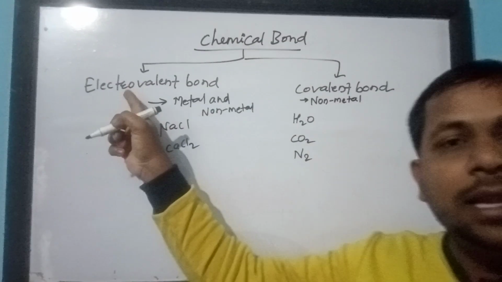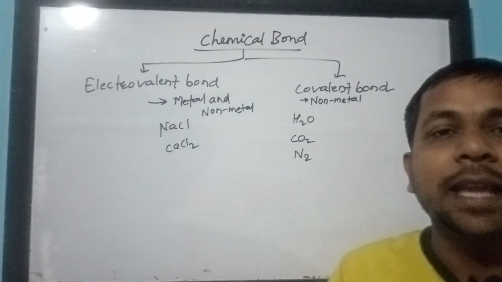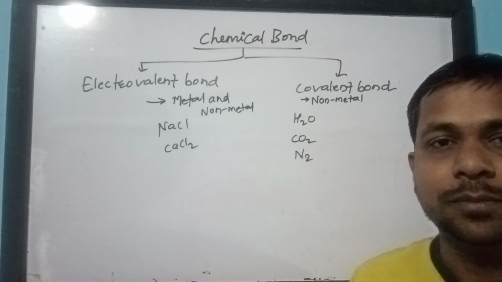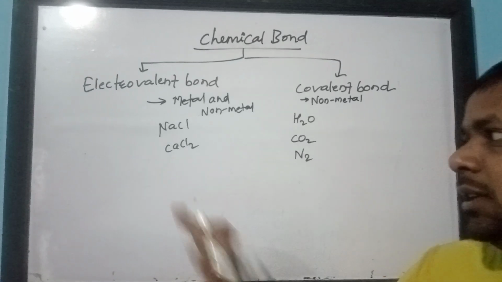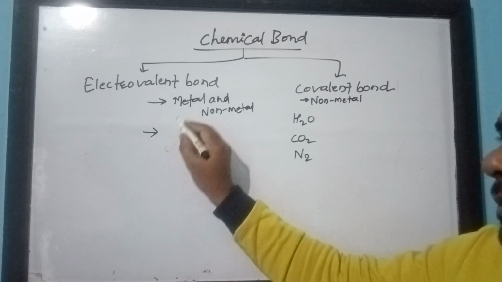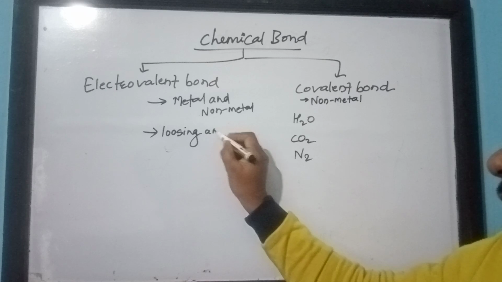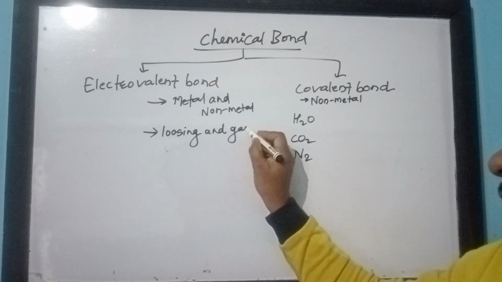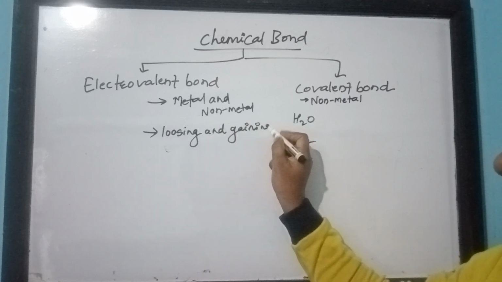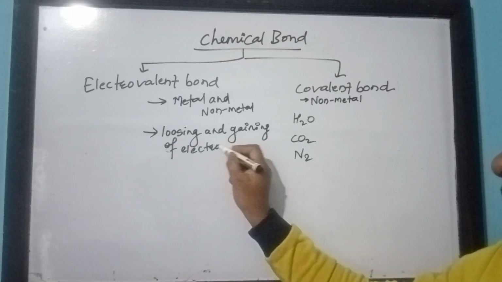This electrovalent bond is formed by losing and gaining of electrons. We'll see the example later on, but here we can say this electrovalent bond is formed by losing and gaining of electrons.